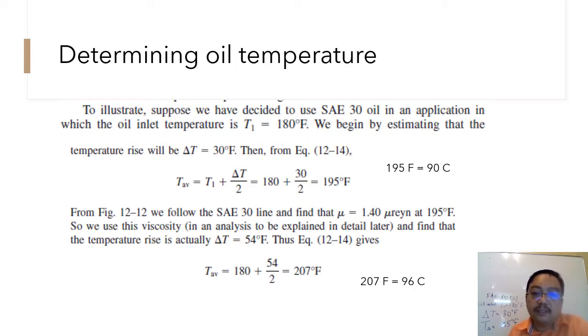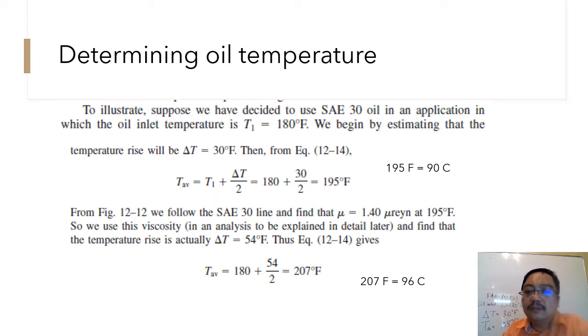To illustrate, suppose we decide to use SAE 30 oil in an application with an oil inlet temperature of 180 Fahrenheit. For countries that do not use Fahrenheit, I listed the conversions here. 185 Fahrenheit equals 90 degrees Celsius. 207 Fahrenheit equals 96 Celsius.